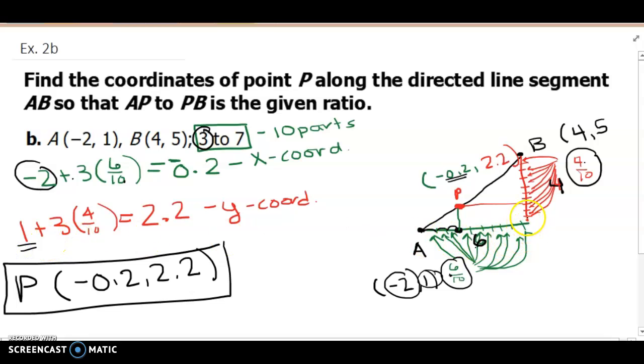And then I'm adding 3 of the 10 parts, and each part is 4/10, so I'm adding 3 of the 4/10 parts. And my Y coordinate is 2.2. So the coordinates of my P is -0.2, 2.2, and once again, it cuts it into 3 parts to 7 parts. So it cuts it into a 3 to 7 ratio.